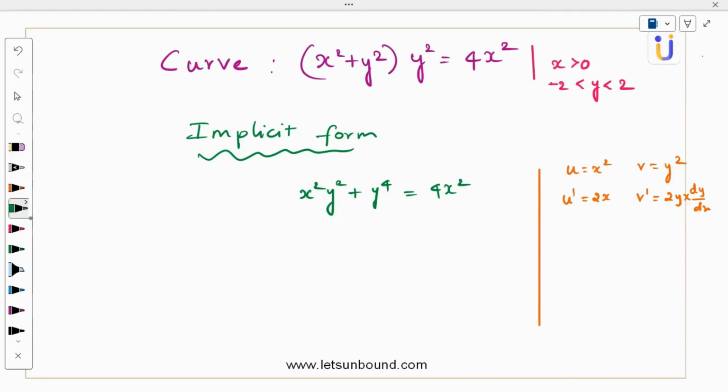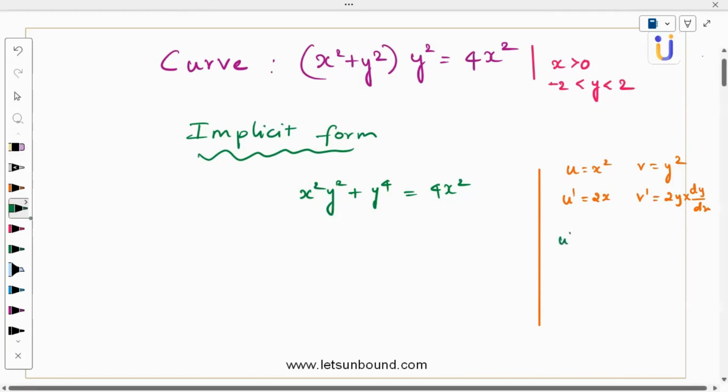So x²y² after differentiation is U dash V plus V dash U. U dash is 2x, so U dash V is 2xy², plus V dash U. V dash is 2y dy by dx, times U, which is x².